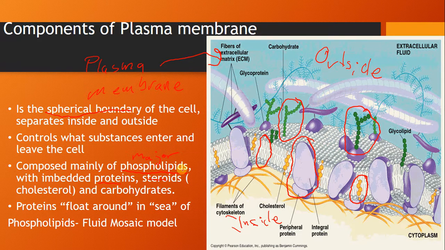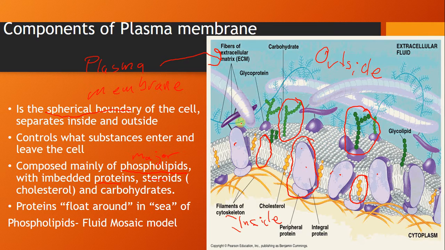And these proteins float around, as you see, in a sea of phospholipids. So think of these phospholipids as like the water in a pool, and all these proteins as like beach balls floating around in the pool. And that gives you an accurate representation of how they float through the plasma membrane.